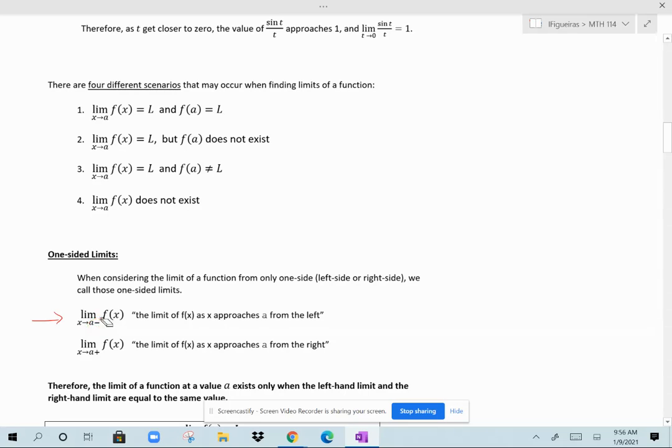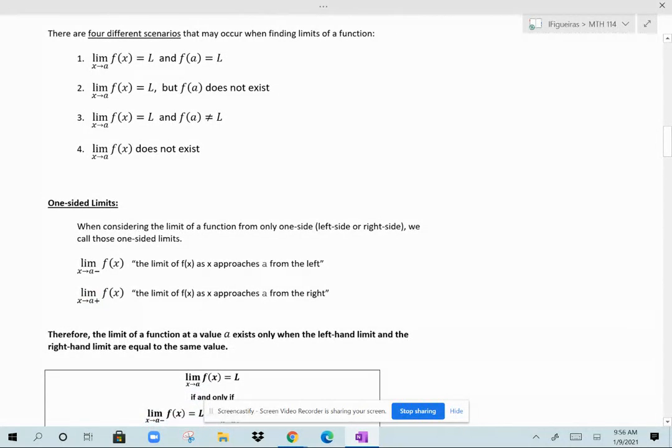A could be positive or negative or 0. But when you put the minus sign on the right side of that number, it means it's approaching it from the left. And when you have the limit as x approaches a from the right, you'd be putting the little plus sign to the right of a, and that means you're getting closer and closer to a on the right side of a, meaning your numbers are greater than a.